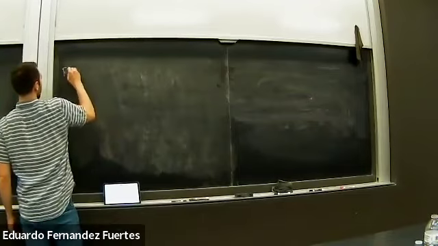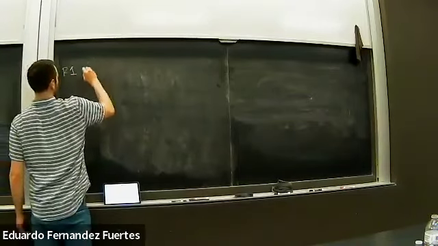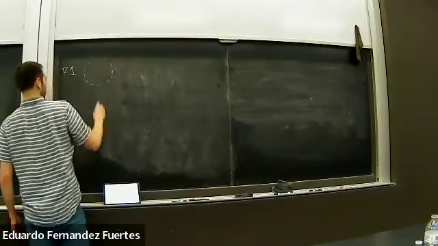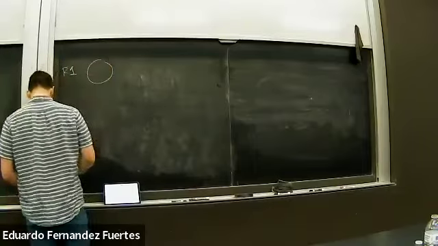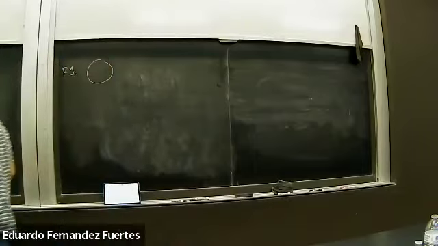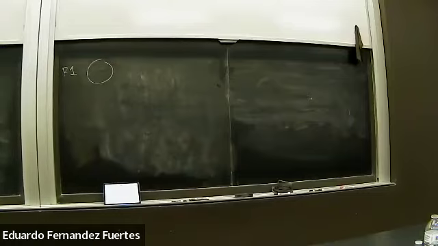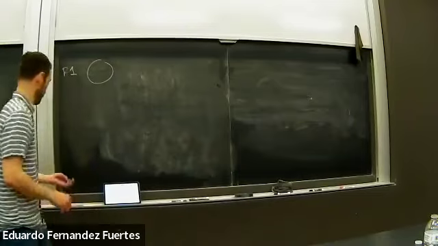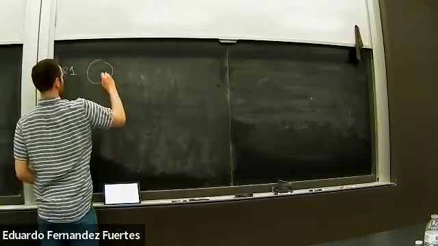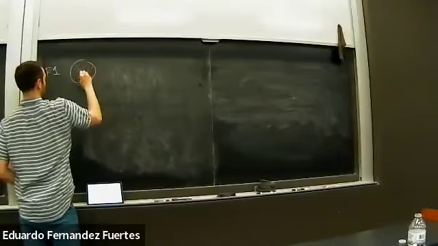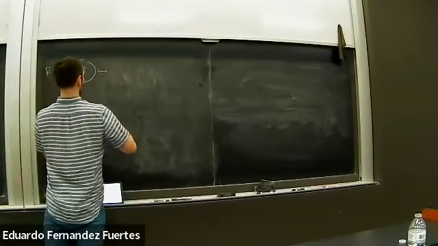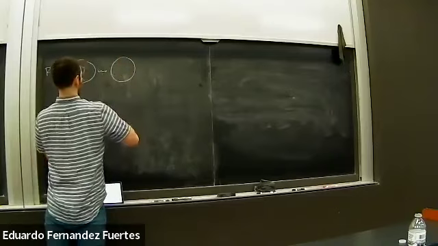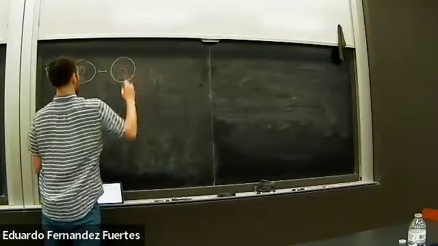For R1, let's start with the simplest case. That's probably kind of hard to see. So this is going to be a little local rectangle. And let's say I'm considering this.